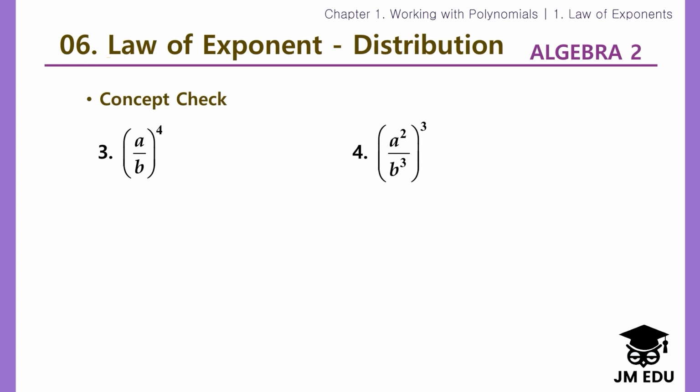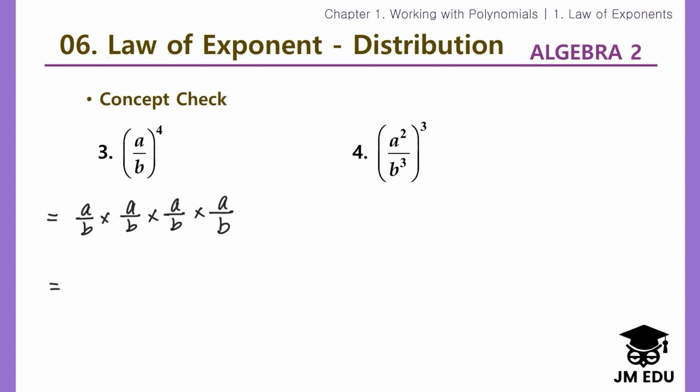We can do the same in division. So let's look at number 3. (A over B) to the power of 4 is equal to A over B times A over B times A over B times A over B, right?